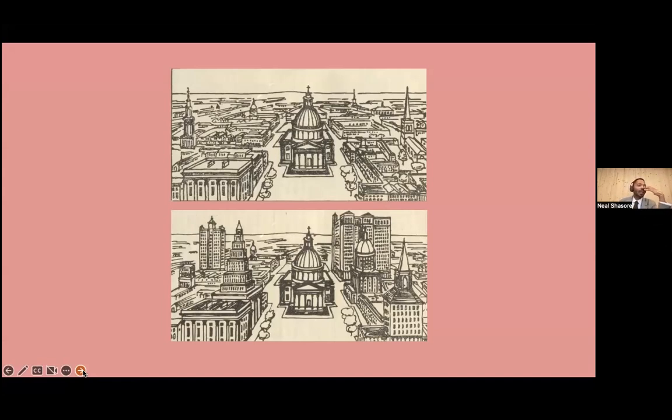He was a really significant influence on Thomas Sharp, on Gibberd, on Gordon Cullen, was well known by figures in the mid-century, much less well known now, though I'm sure there are people watching this who've heard of him.